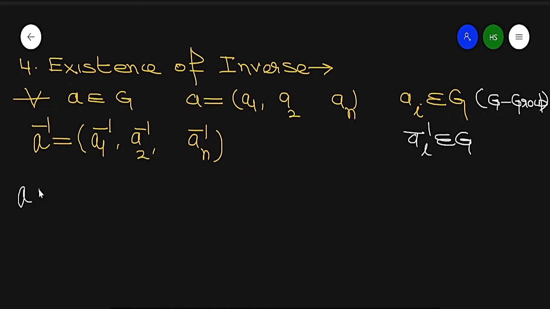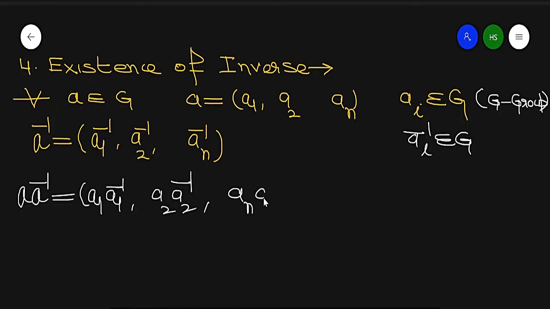Now what is a times a inverse? First write a times a inverse. This can be written as the product (a1 inverse, a2 inverse, and so on up to an inverse). What is this?